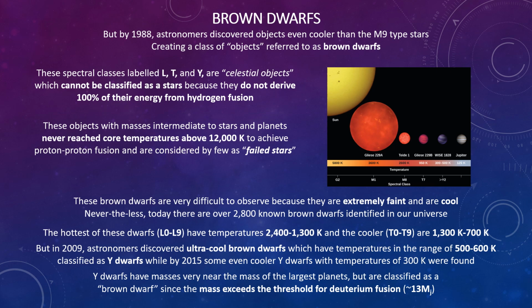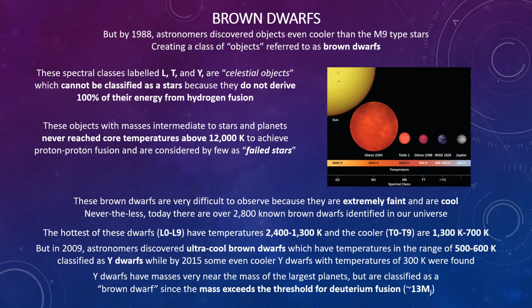So they never reached the masses and the internal temperatures high enough to achieve that proton-proton fusion, and so many consider these to be failed stars. These brown dwarfs are really difficult to observe because since they are so cool, they are incredibly faint. But even then, we have still found over 2,800 known brown dwarfs so far.